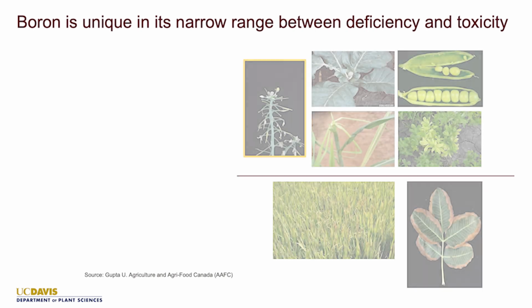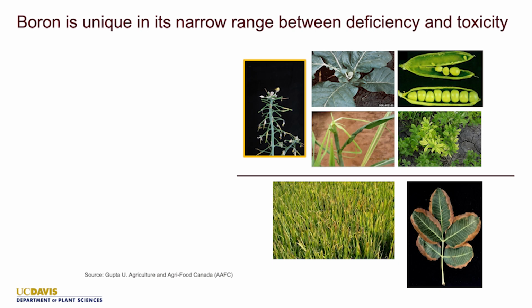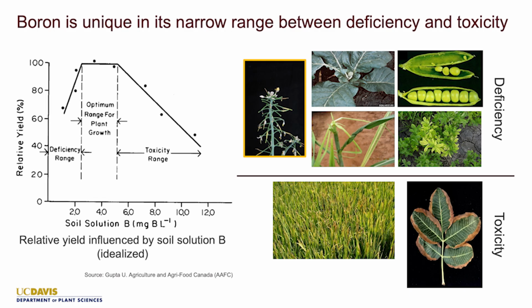We know, of course, boron deficiency symptoms, which I've shown you previously. One of the things I haven't shown you is boron toxicity, and they're illustrated on the bottom there, and very characteristic symptoms. Now, it was observed almost 50 years ago by a professor in Canada that boron was really quite unique in that it could move between this deficiency stage into the toxicity stage quicker than any other element.